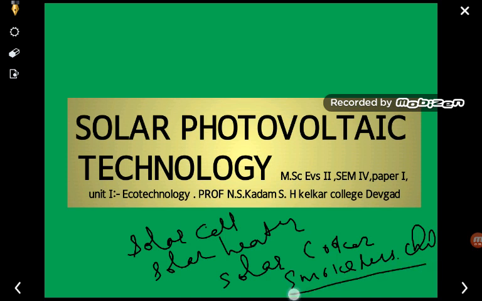Smokeless chulha is a little bit different from the other three topics, but solar cell, solar heater and solar cooker all come under the solar photovoltaic technology.